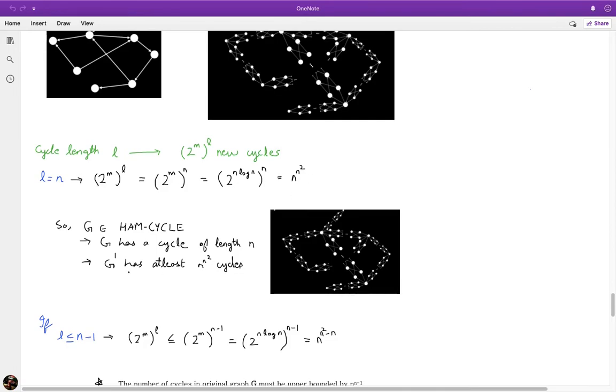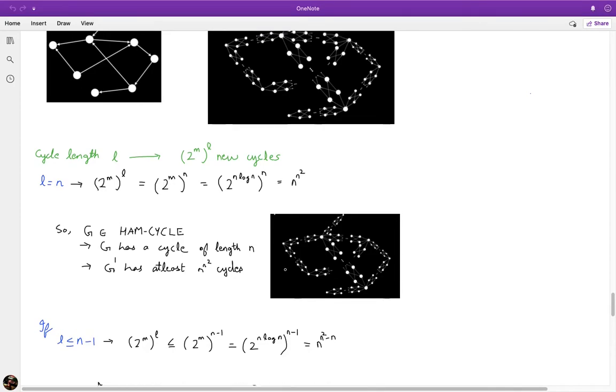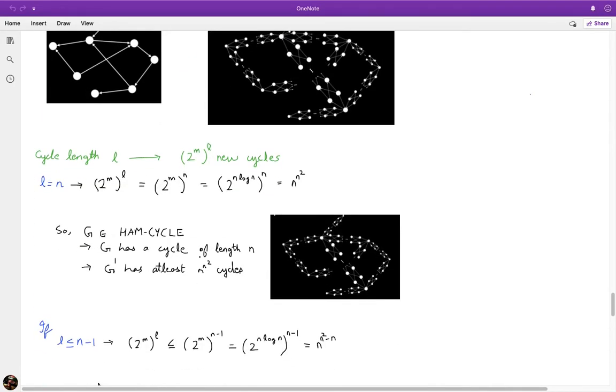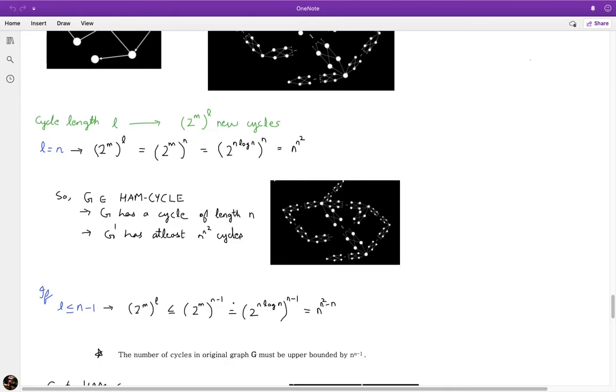So we have at least n power n square cycles. So we have proven one direction of the implication: if G belongs to Ham cycle, then G dash has at least n power n square cycles.